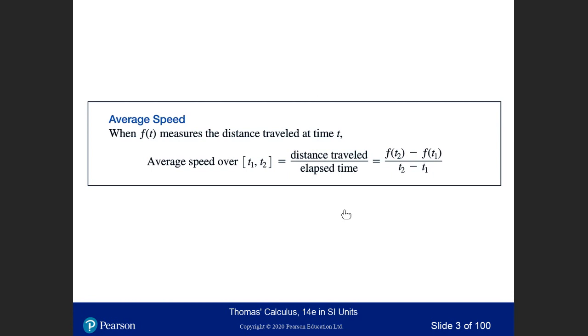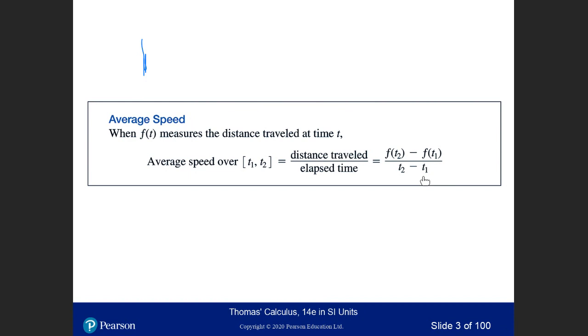Let's now assume that there's a function f of t which measures the distance traveled by an object at time t. Now, if you want to find the average speed of this object between t1 and t2, then you calculate the distance traveled between t1 and t2, and you divide this by t2 minus t1.